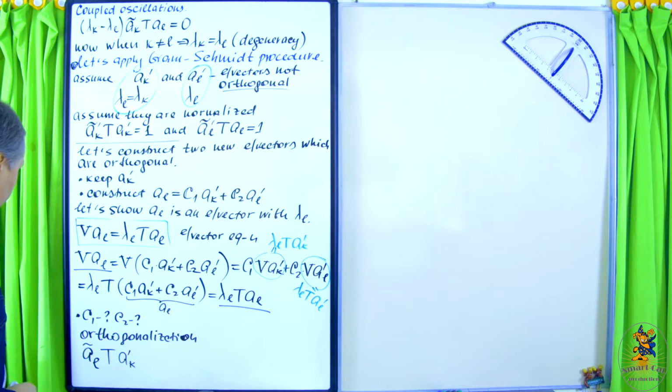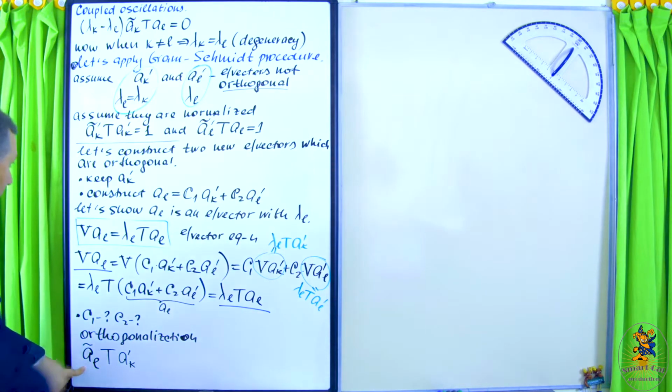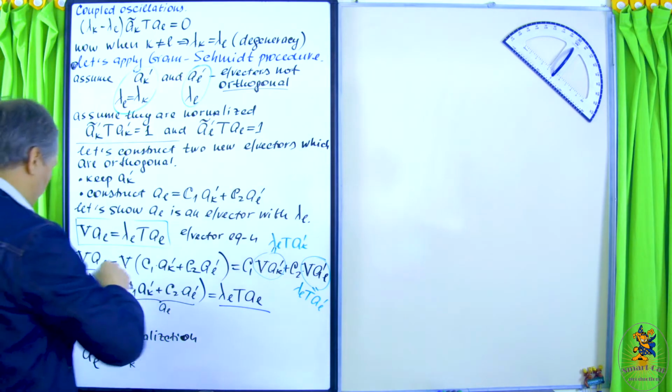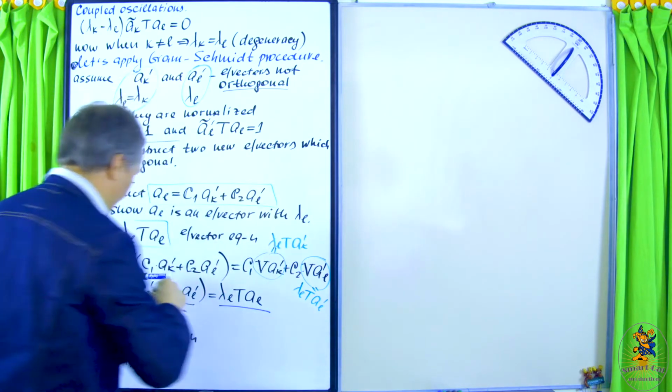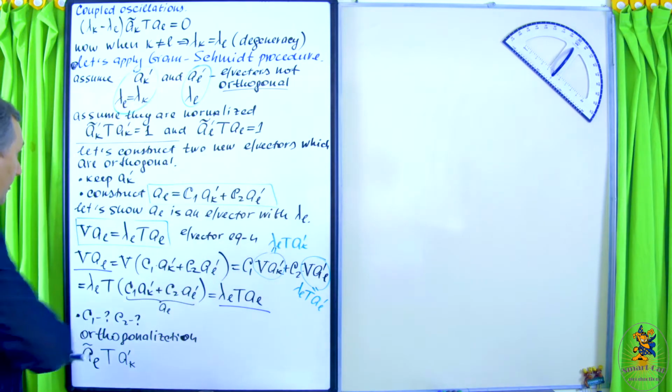So now let me write explicitly, instead of A sub L, you know what? I feel like framing this as well, because I will need it from time to time. It will be easier for me to find it.